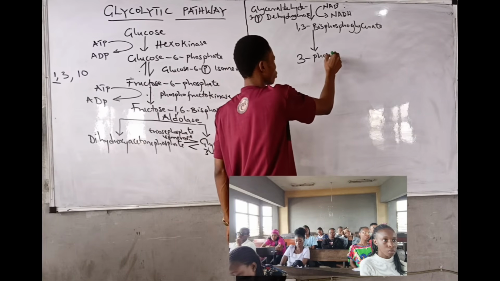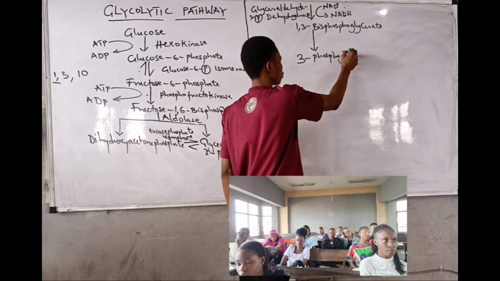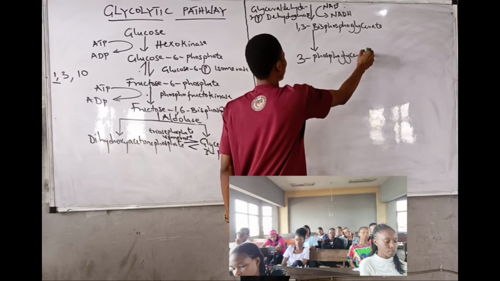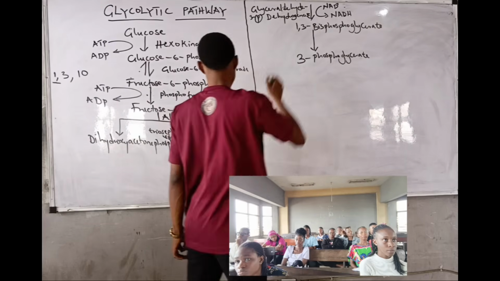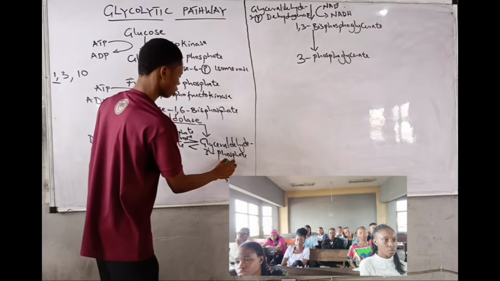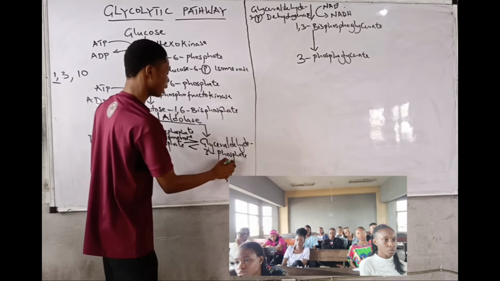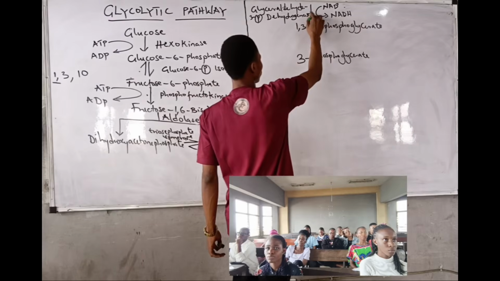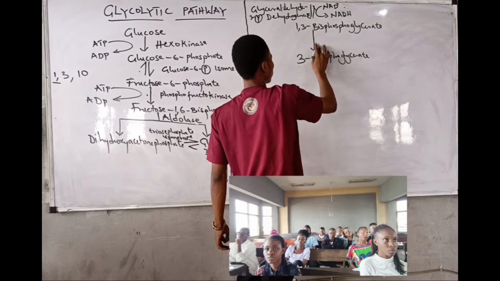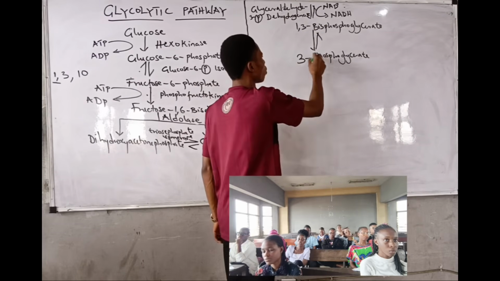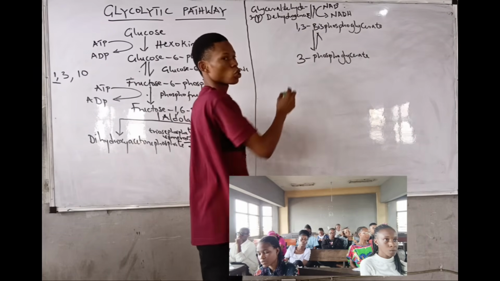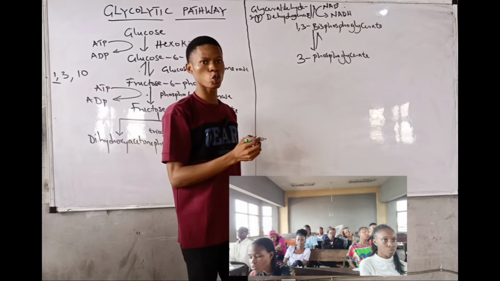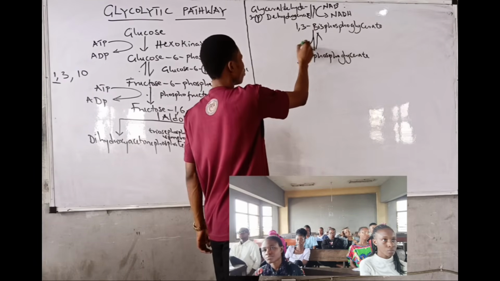3-phosphoglycerate. Sorry, this arrow, was it supposed to be reversible or irreversible? Steps 1, 3, and 10 are irreversible. So this is reversible. This was supposed to be a reversible arrow. Now, 1,3-bisphosphoglycerate to 3-phosphoglycerate, we've given out one phosphate, right? So ATP has been formed here.